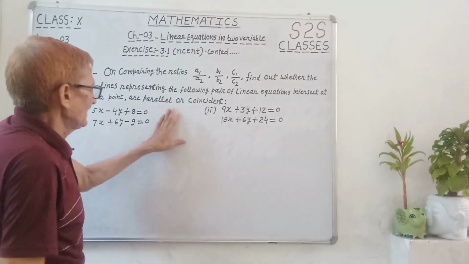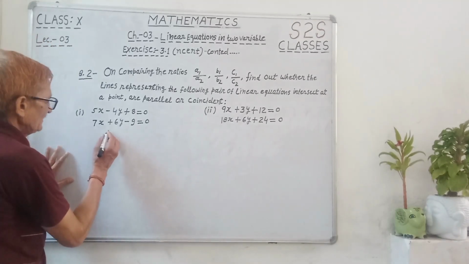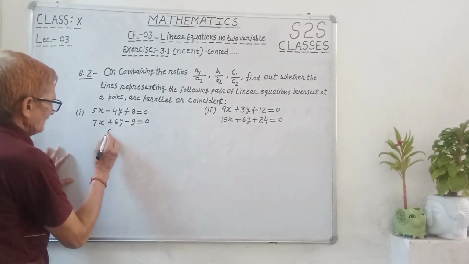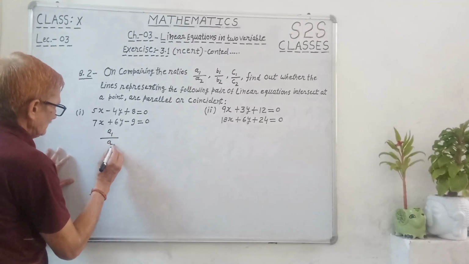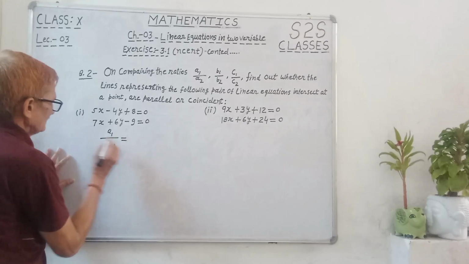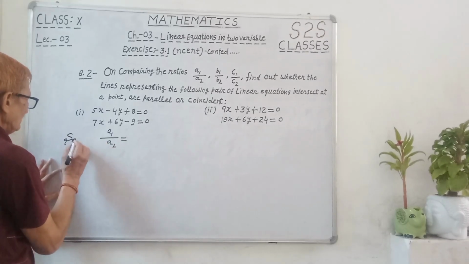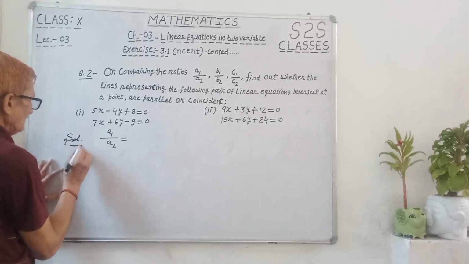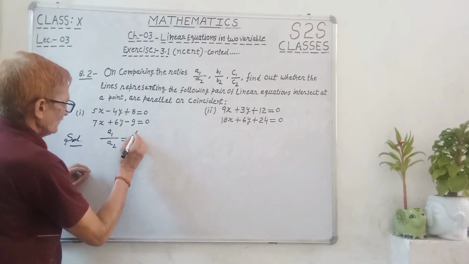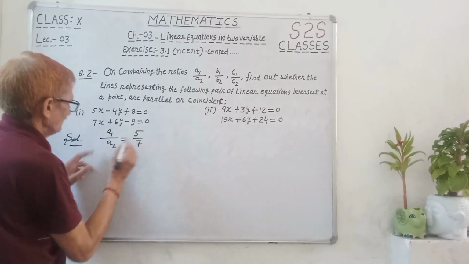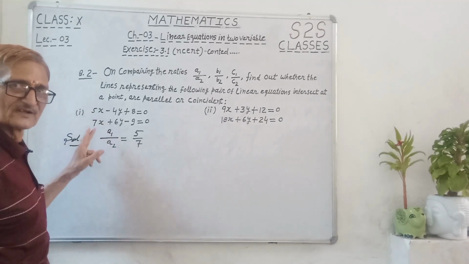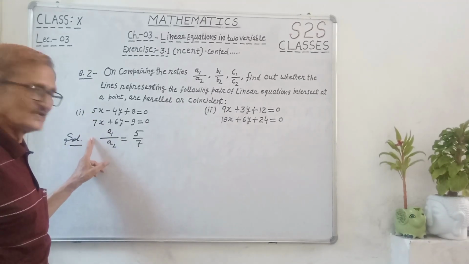By comparing, we know that here A1 upon A2, what is that? Solution. This is 5/7. A1 is 5, the coefficient of x, and the coefficient of x in the second equation is A2.